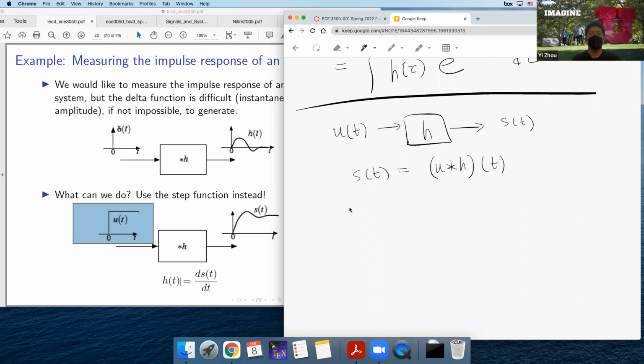Okay. Now we look at the derivative of s(t), which is basically the derivative of this convolution.